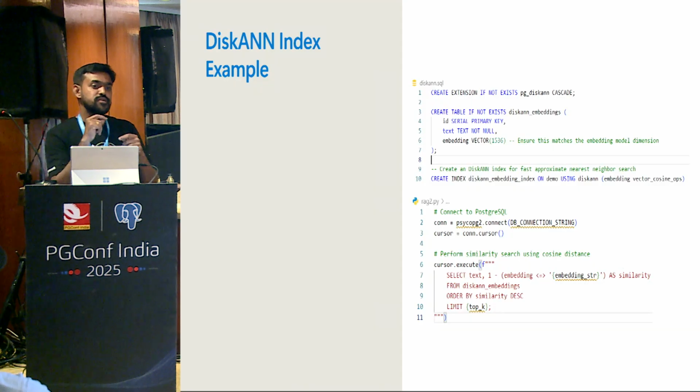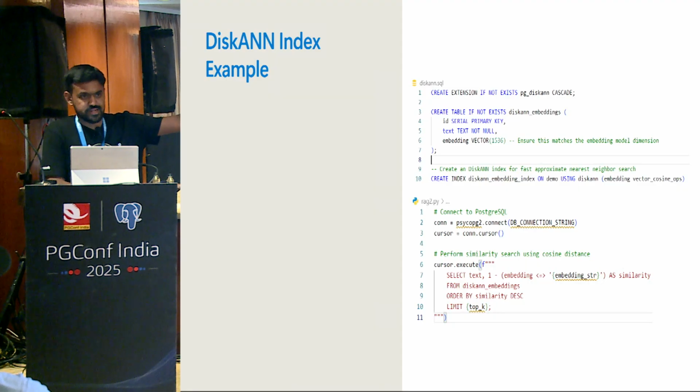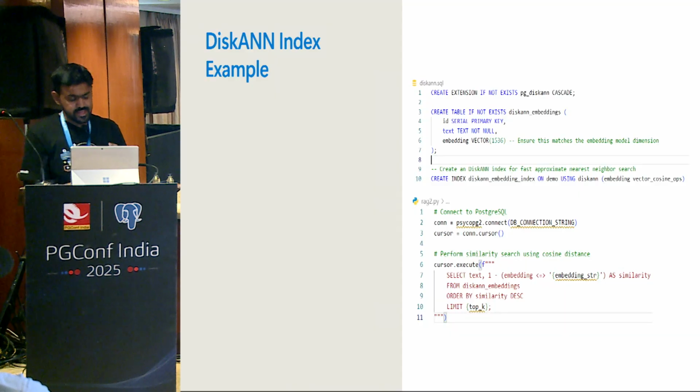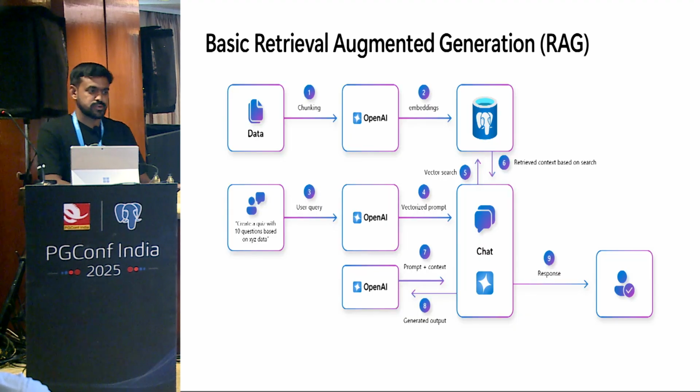We can also define what mathematical formula I should use, and cosine similarity happens to be one of them. And the bottom part is a simple Python application which tries to connect to your server, and it tries to execute a query.